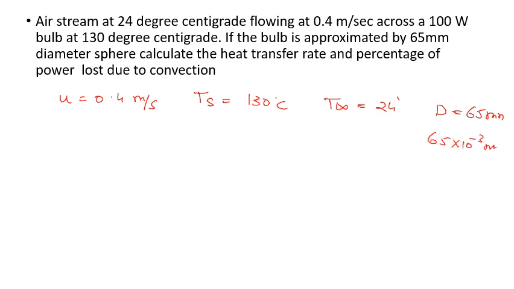So the data, I have to convert into meter. Then the properties of the fluid at the mean temperature are needed, but here one thing to be noted: the shape is a sphere. It is not a cylinder.